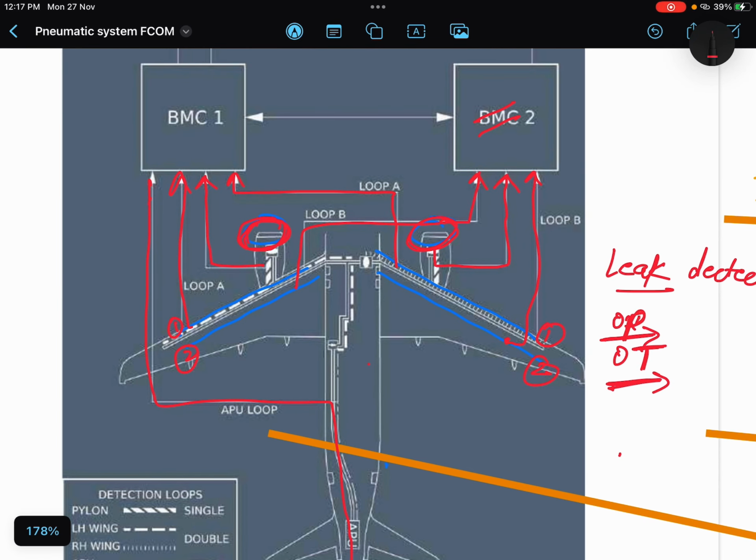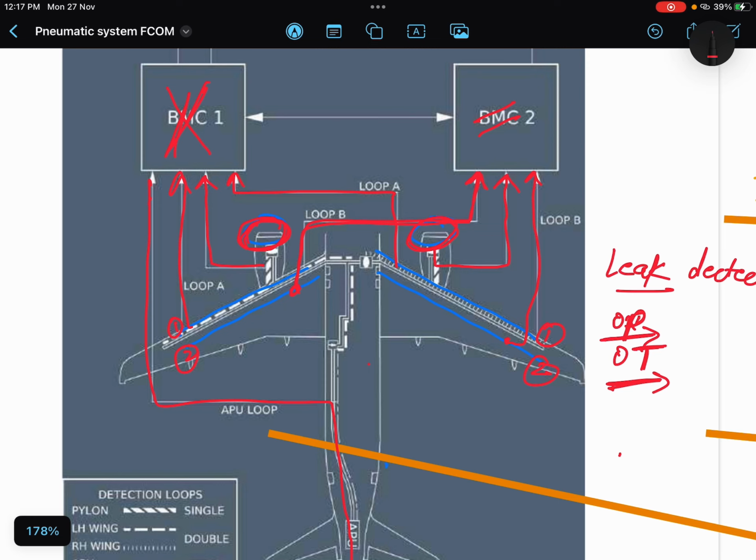If BMC1 fails, will the leak detection of the left wing be available or not? You tell me. Definitely. Why? Because the other loop is connected with BMC2. BMC1 has failed, no problem. BMC2 will issue the warning. Perfect. Similar for the right hand side.